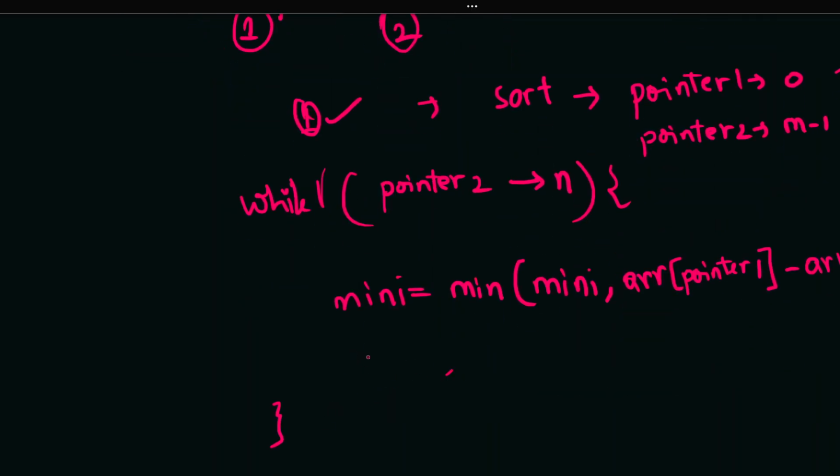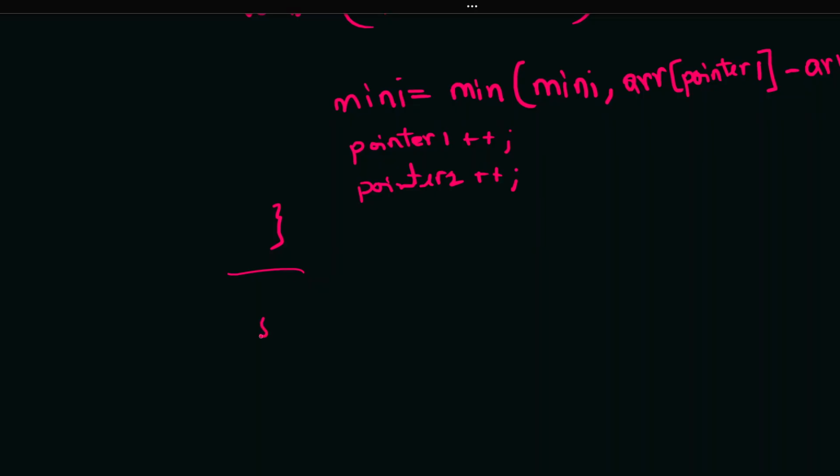And every time you go forward, pointer 1 plus plus, pointer 2 plus plus, and you just output mini.